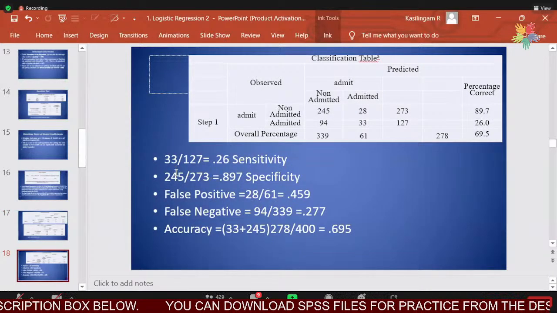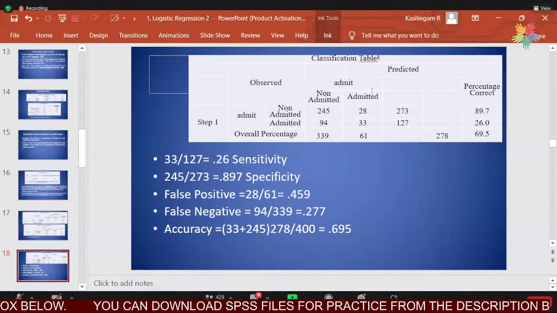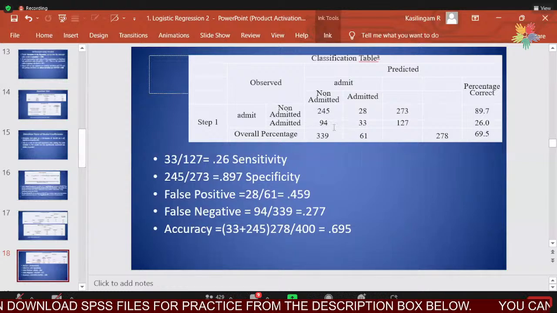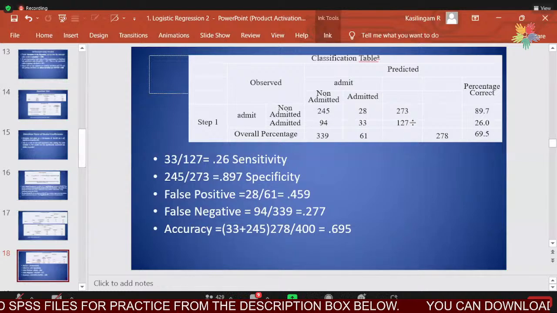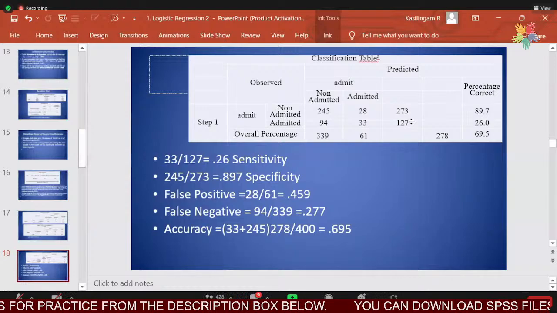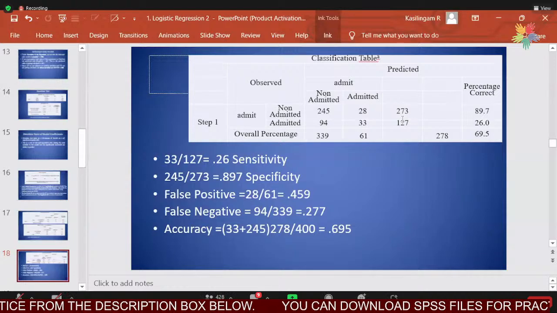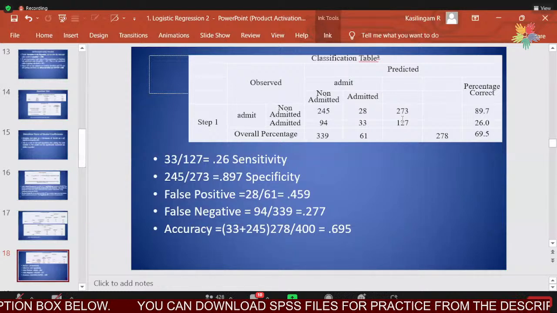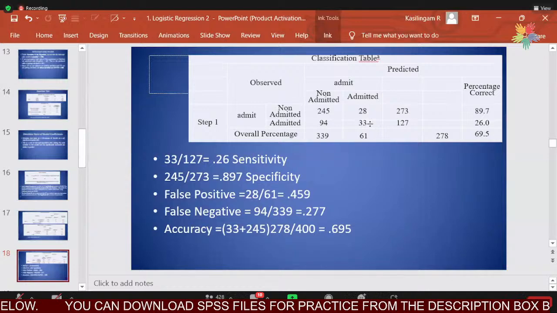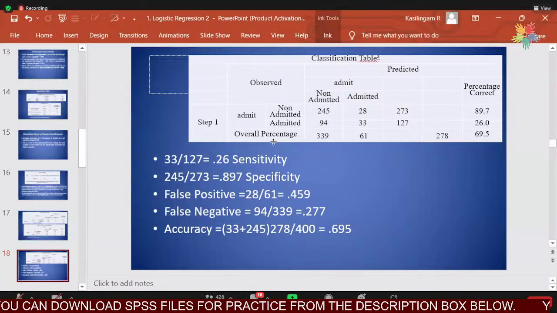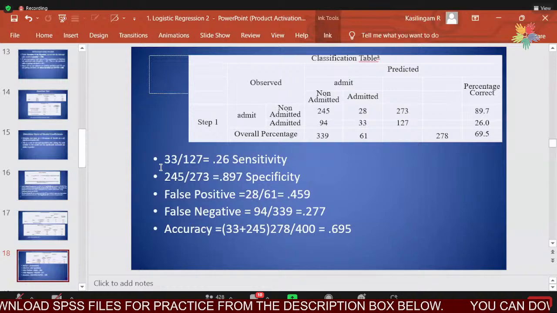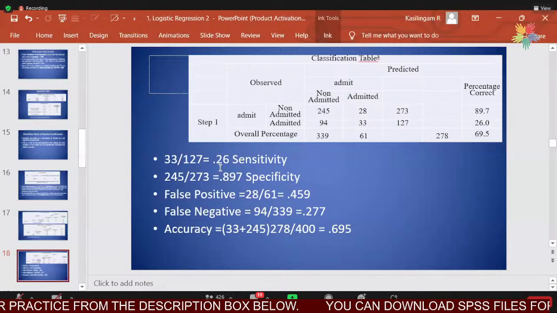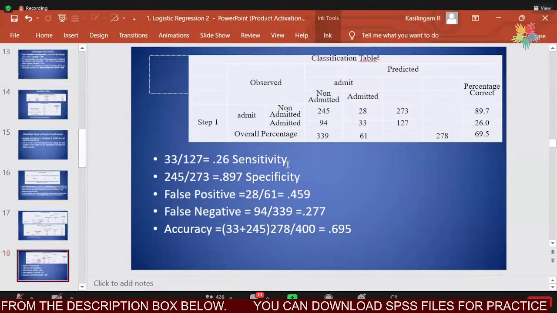Out of the 127 people really admitted, totally 127 people admitted, we correctly predicted 33 admitted. So 33 is rightly predicted out of total admitted, which is equal to 0.26. That is called the sensitivity.